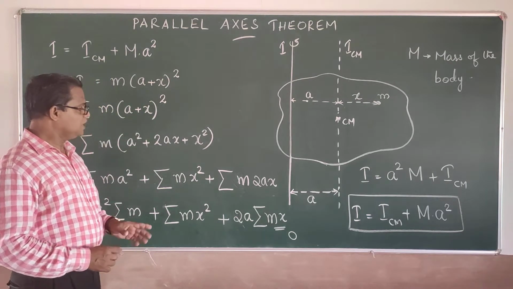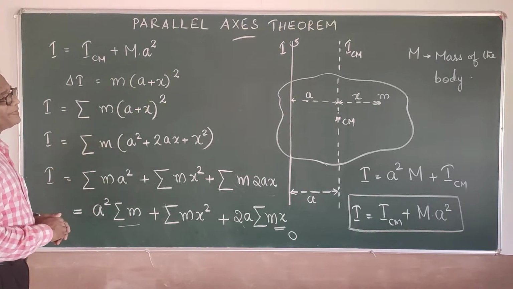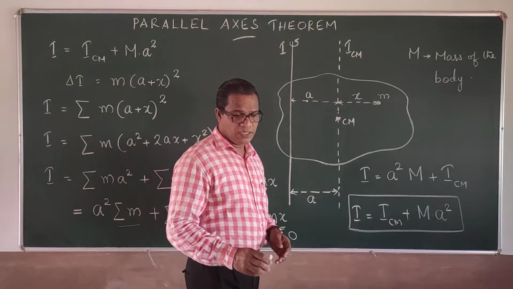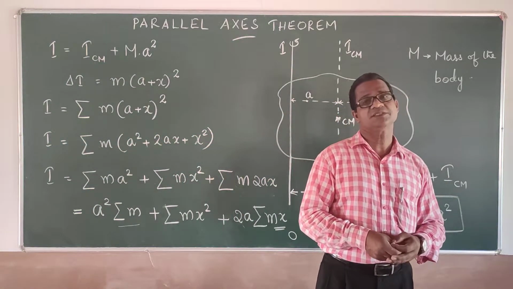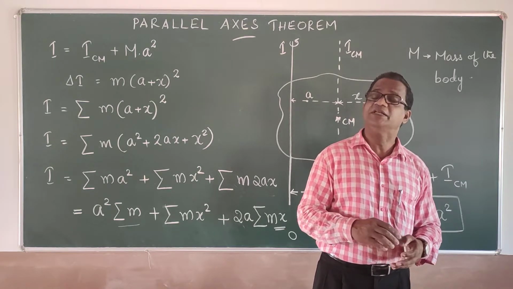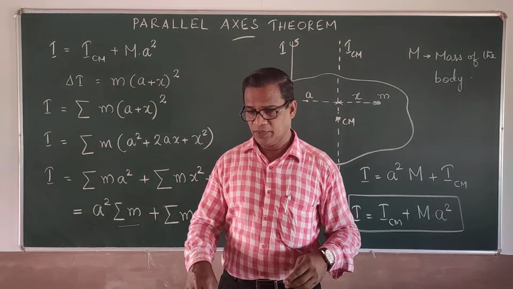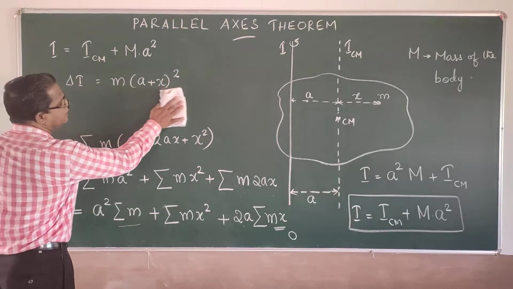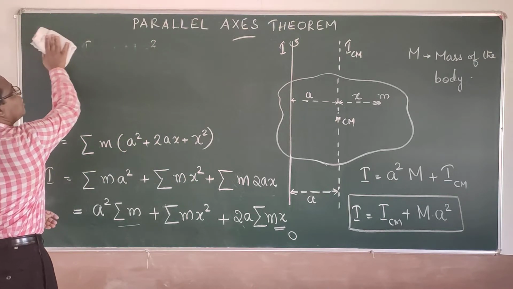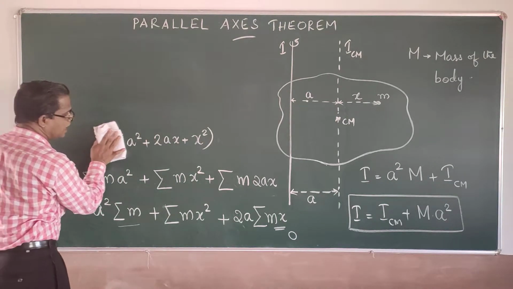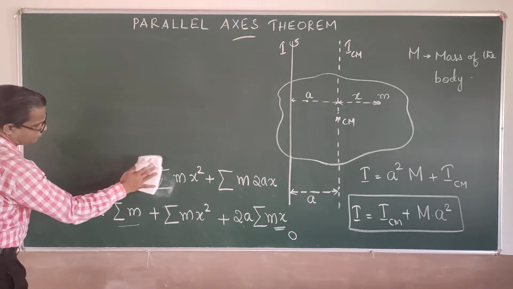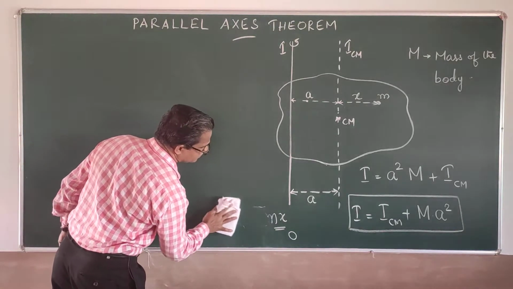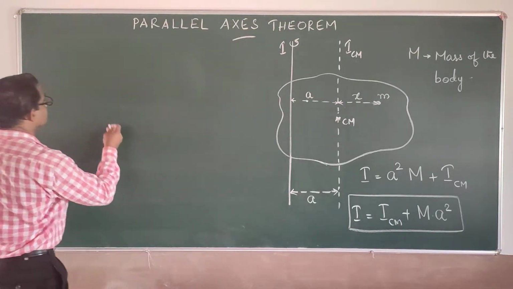Now, as we have understood the parallel axis theorem properly, we are going to see how to apply it in finding the moment of inertia of certain objects. As an example, I consider a disk of mass m and radius r.